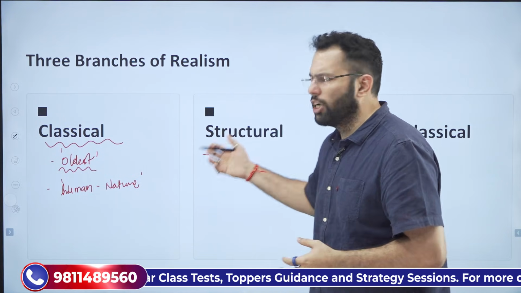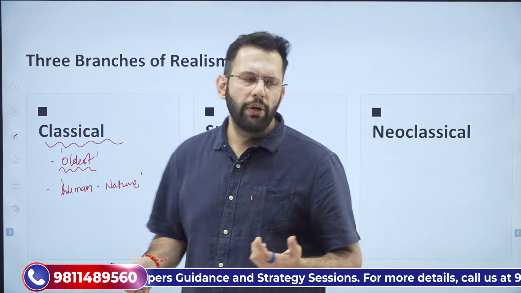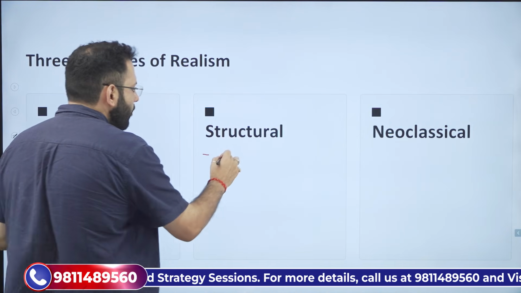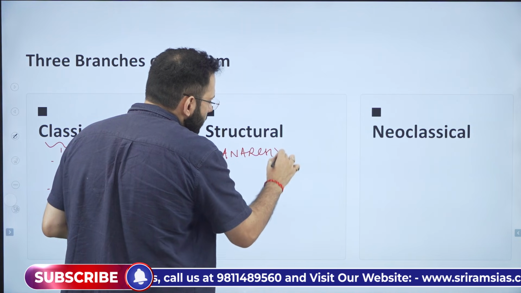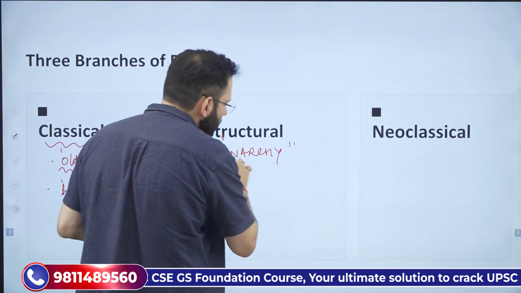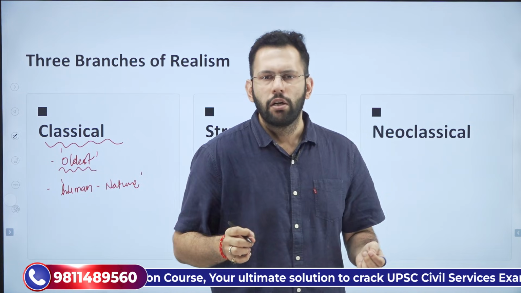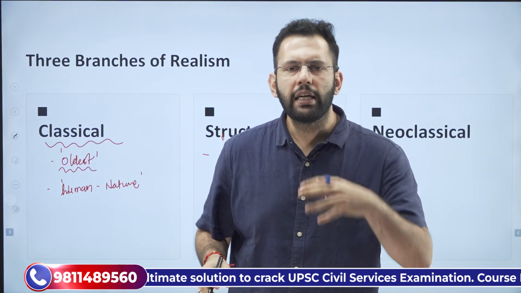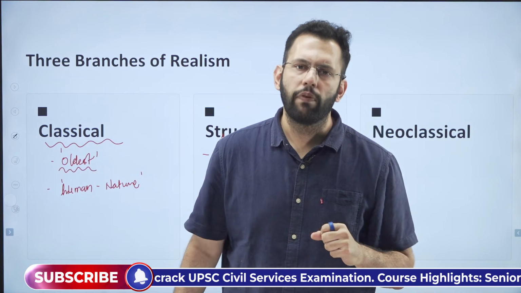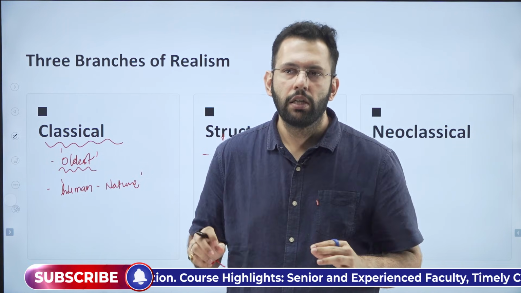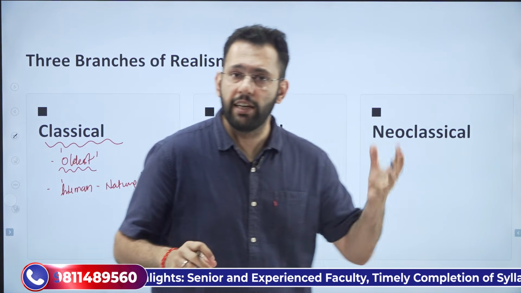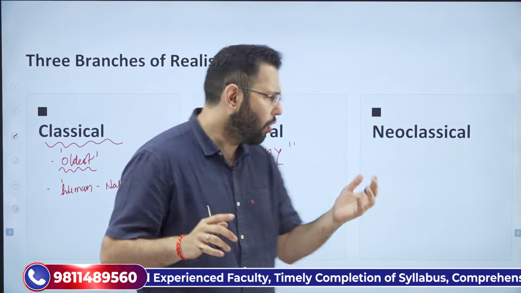Then there is the structural component. The structural component believes that because the structure is anarchical, or the structure has anarchy, it creates the problem of realism, and that creates conflict between different countries. So as per structural realism, it is because of the structure, not due to human nature.